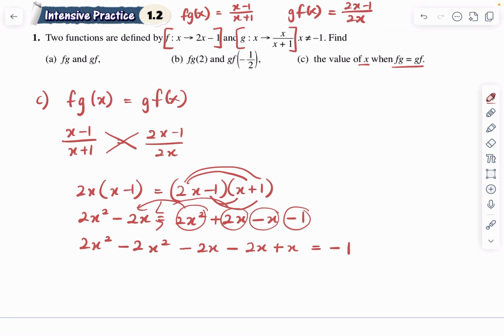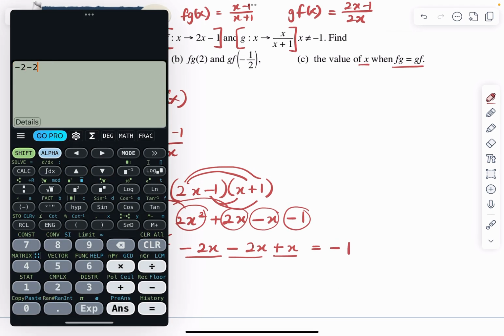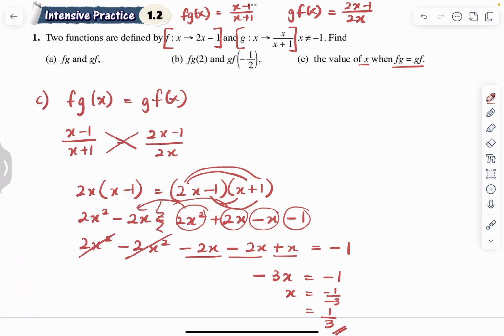So this is the equal sign, we leave the negative 1 on the right. Okay, so minus 2x plus x, so minus 2 plus 1. If you don't know, you can just type it in your calculator. Minus 2 plus 1, so we get negative x equals negative 1. Therefore, x is negative 1 over negative 1, which is 1. That's it. This is our final answer.